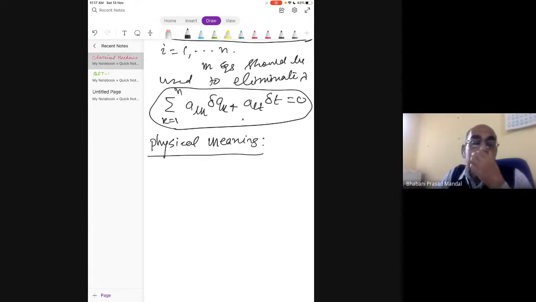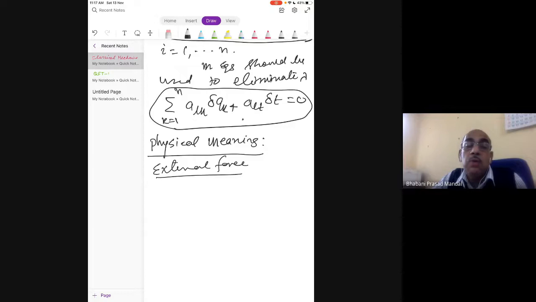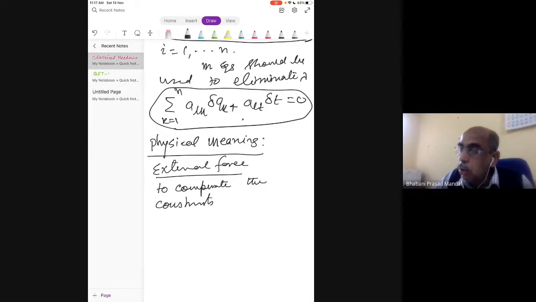So the physical meaning is that suppose we apply some external force to compensate the constraints, such that the system remains unchanged.